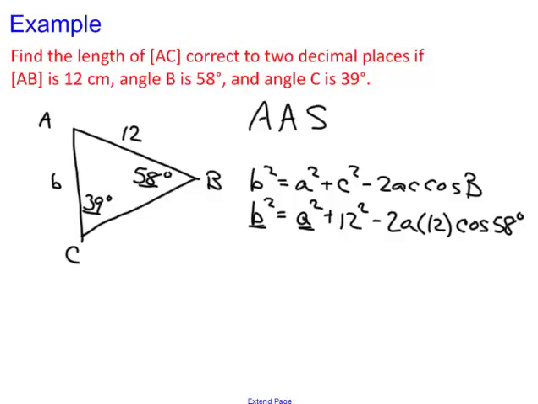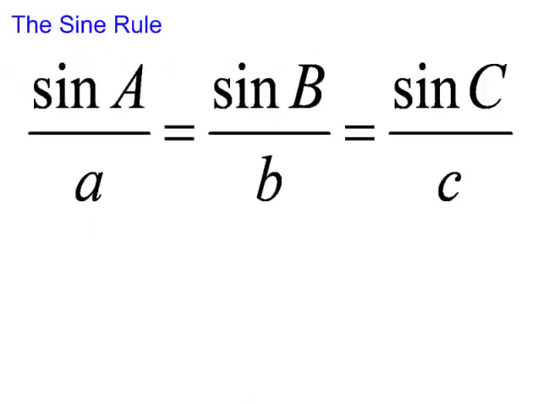but we can still solve the triangle. What we want to use is something called the law of sines, or the sine rule. In the sine rule, we really can set up a proportion comparing the sine of any two angles in the triangle over the corresponding side.